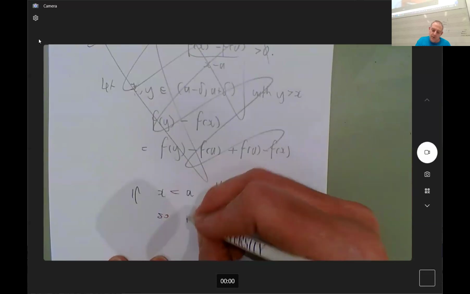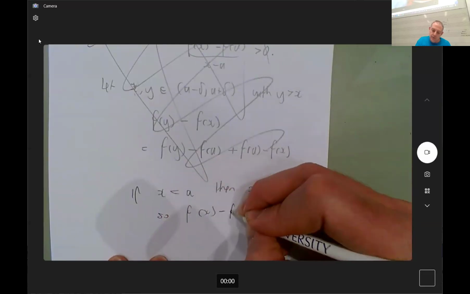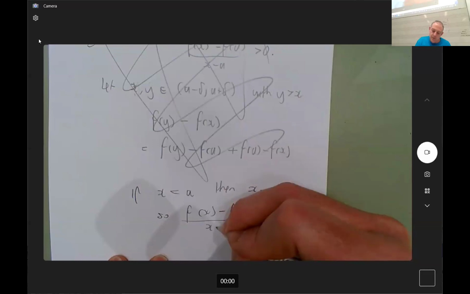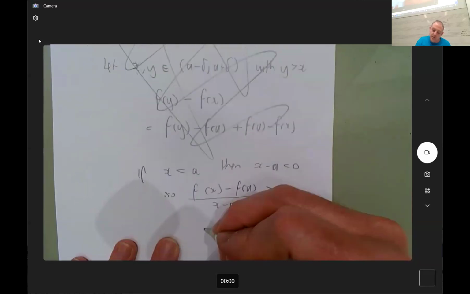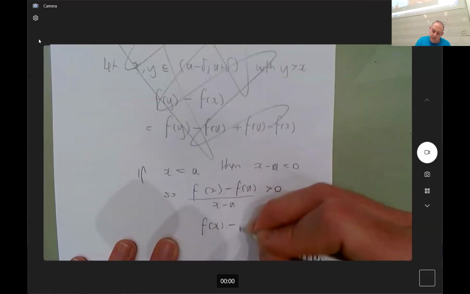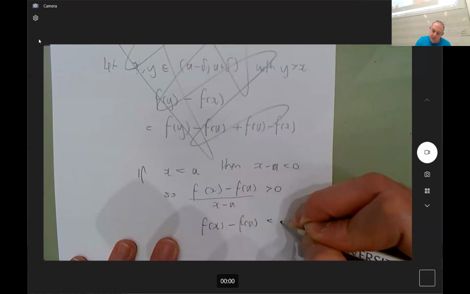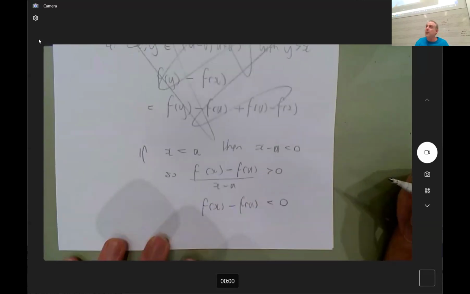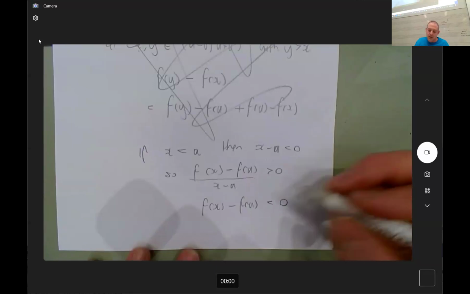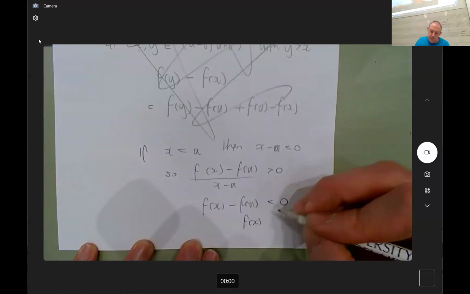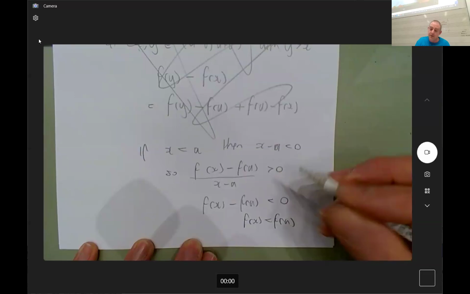And so this becomes this when I multiply both parts by x minus a. And so therefore f of x is less than f of a.